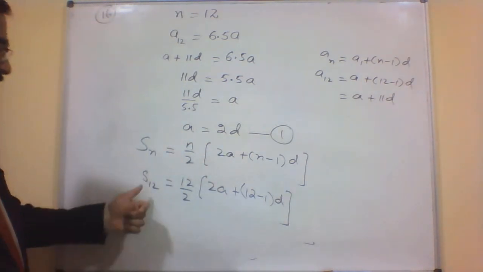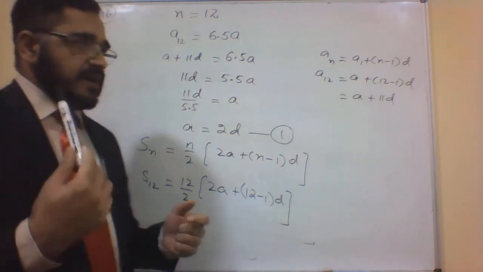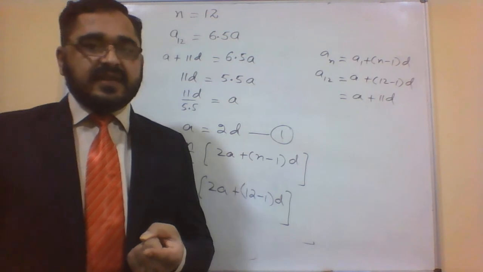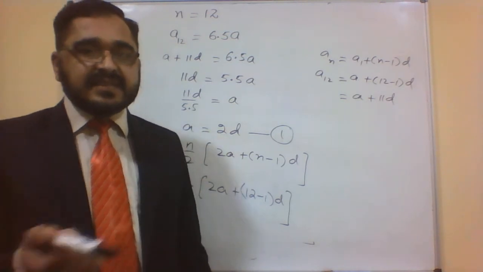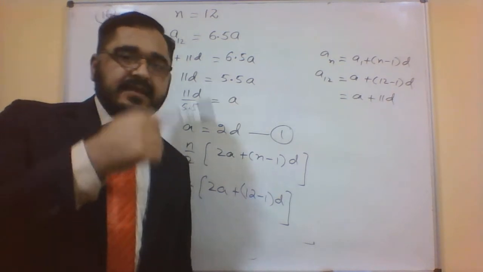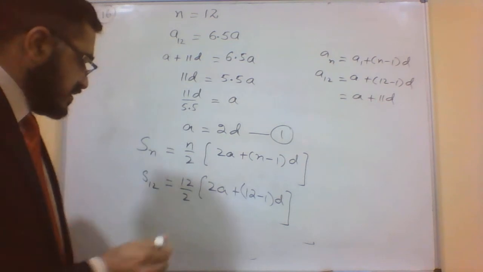This one. S12. S12 is the sum of all the angles in all 12 sectors. The sum of angles in all 12 sectors is a complete revolution, which is 360 degrees.